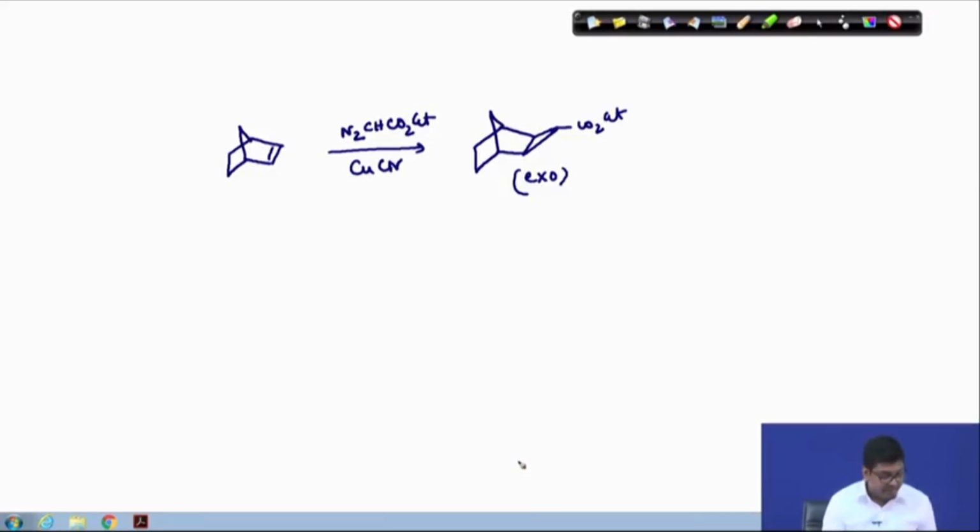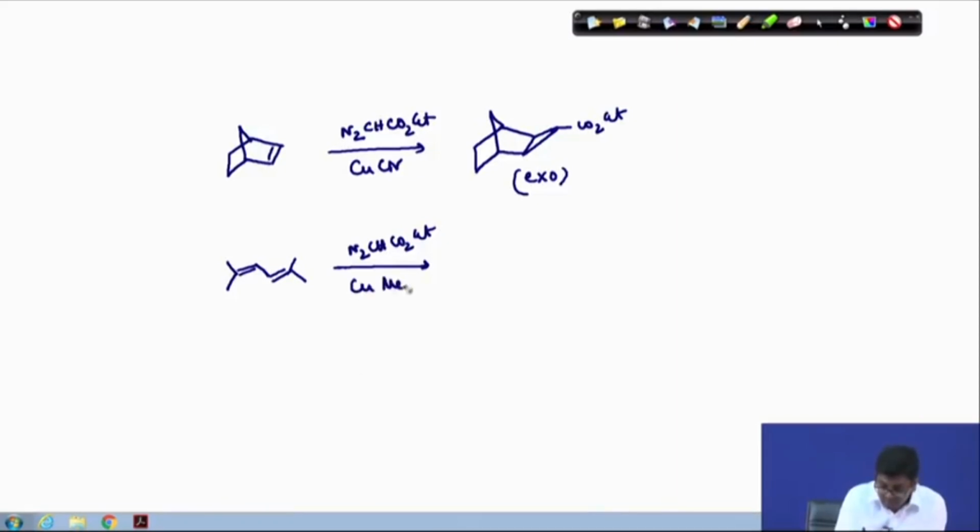Next, if we take the diene, as per example this one, with the corresponding diazo ester as the carbene precursor, and with the copper metal, then again the product is the monocyclopropane one.